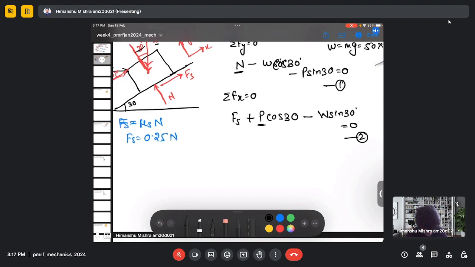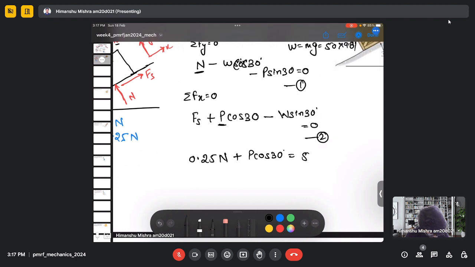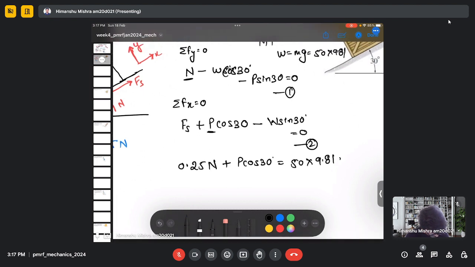So let's take equation 2 first. So we have 0.25 N plus P cos theta equal to 50 multiplied by 9.81 sin theta.